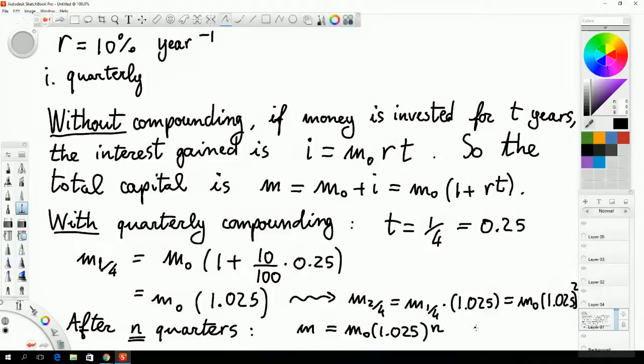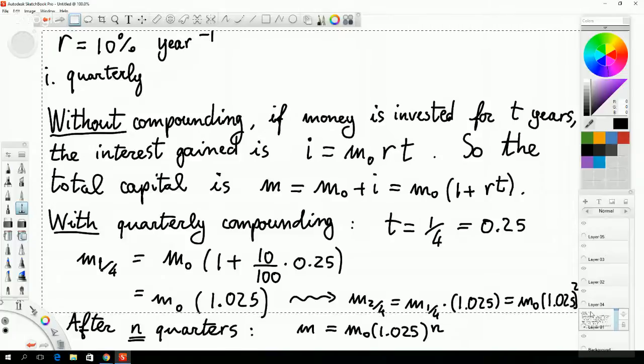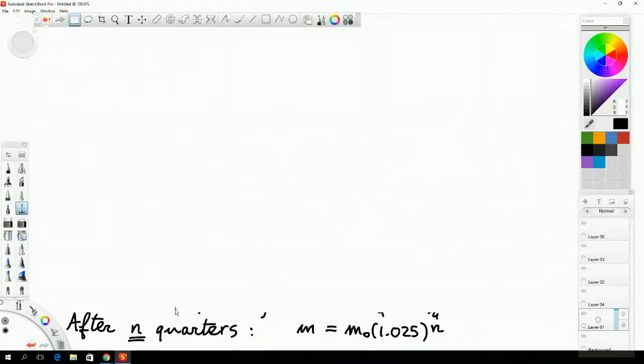Just do it very quickly to wrap up. 10 years equals 40 quarters.